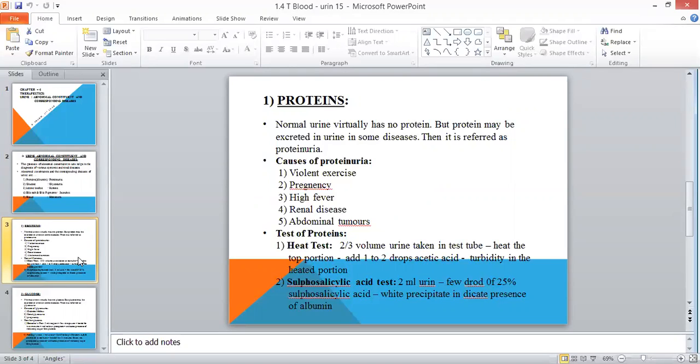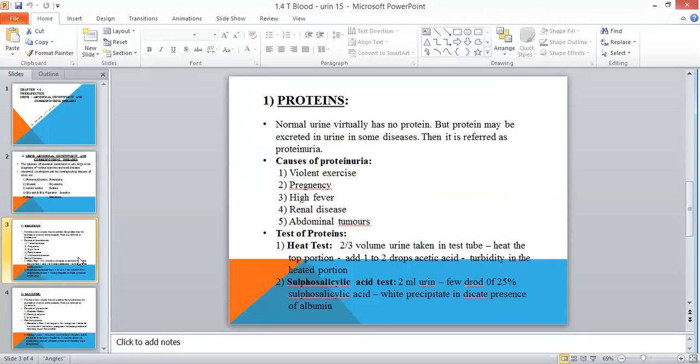Now, the tests which identify protein in urine. The first is the heat test. Urine is taken one third full in a test tube, and holding the bottom of the test tube, the top portion of the urine is heated.